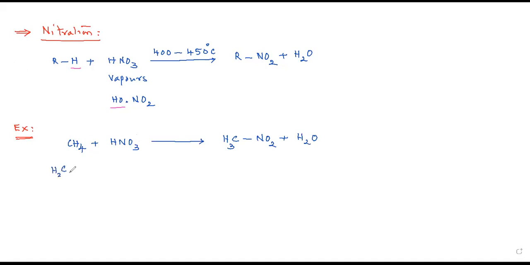If ethane is considered, we get the regular product nitroethane. But the interesting point is, because of the cleavage of the bond between two carbon atoms, we also get nitromethane.